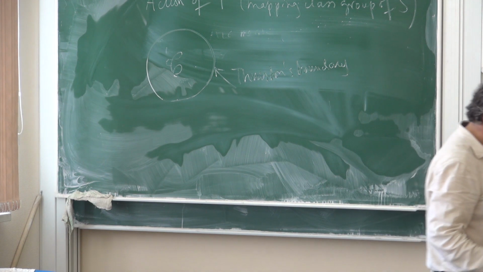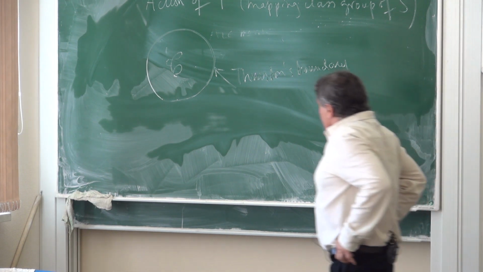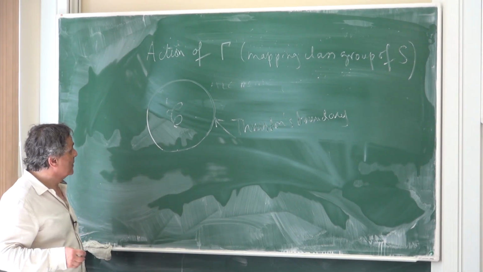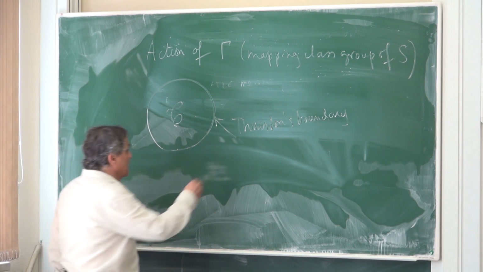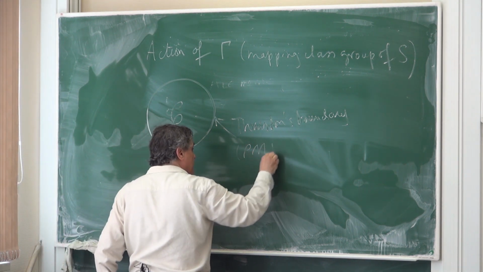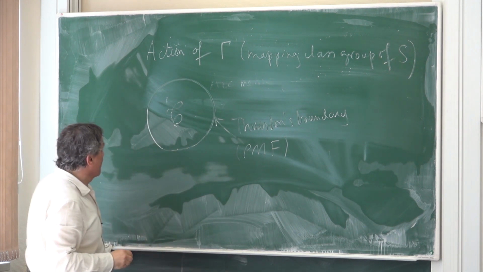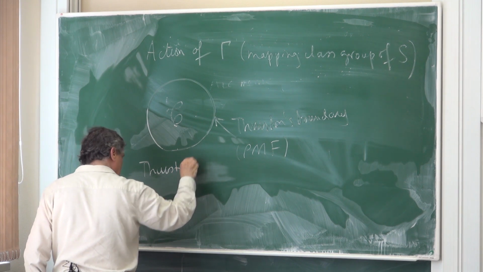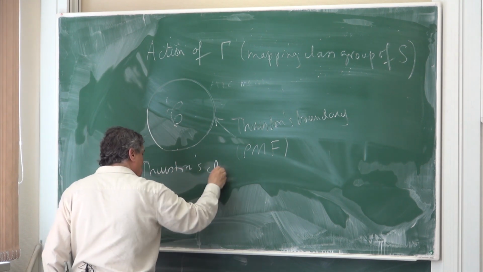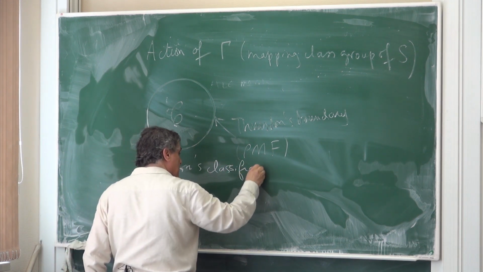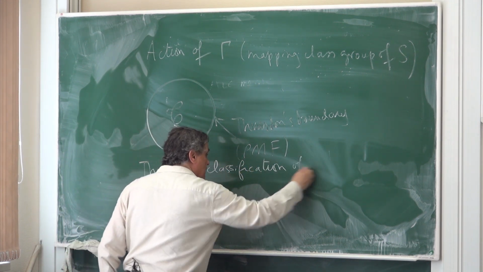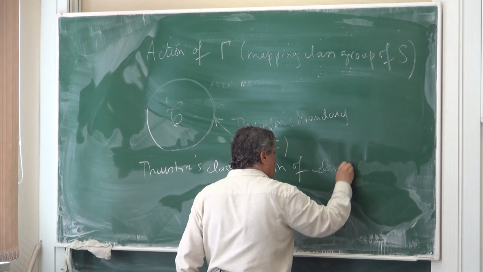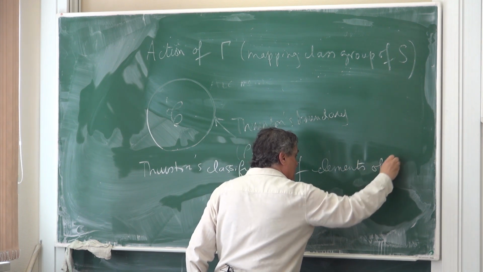This is a theorem. It's not always true that if you glue a sphere on a ball you get a closed ball, but this is part of Thurston's theory. This is projective measured foliation space. And then let me remind you that there is Thurston's classification of elements of gamma.